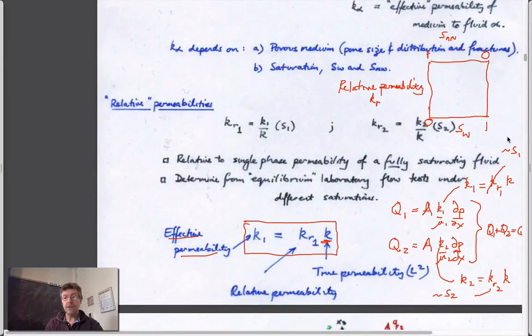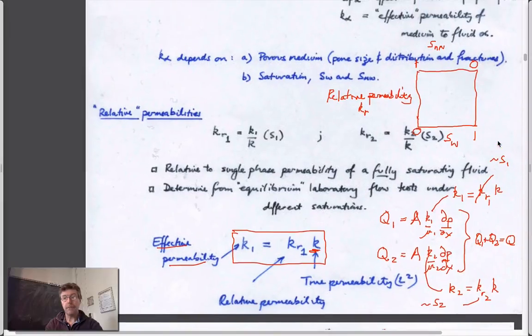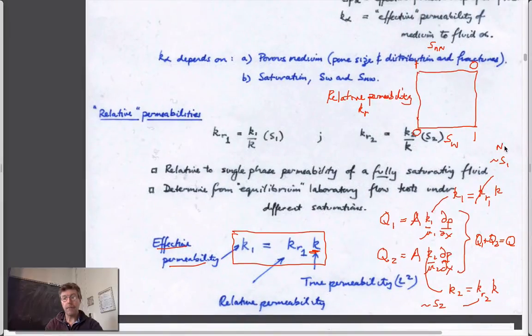So this is the non-wetting one. This will be equal to 100% when it's 100% non-wetting saturation. So I think that's this point here. And when the non-wetting saturation is 0, the relative permeability is going to be 0 as well. So this vertical scale is between 1 and 0. And it's just going to be linear between them.